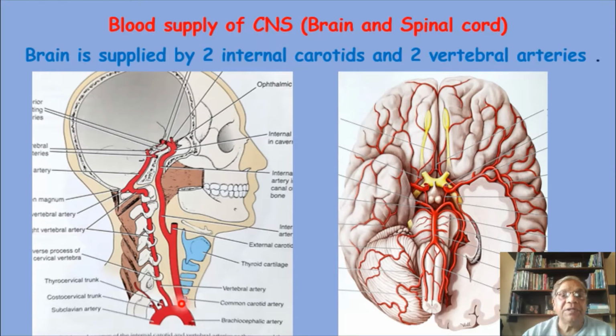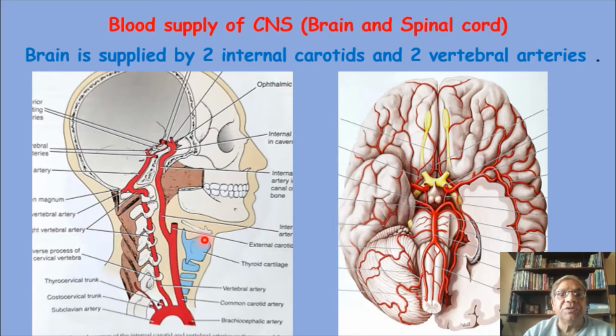I mean to say the common carotid artery, okay, and then it divides into the external and internal carotid arteries. Now this is the internal carotid artery, okay.